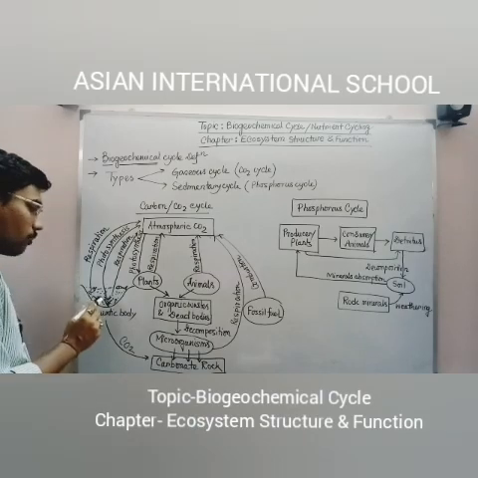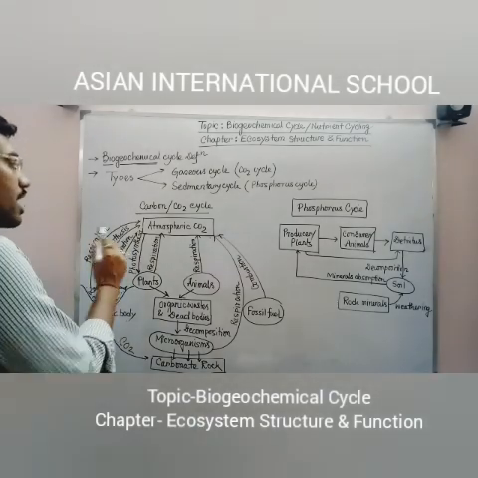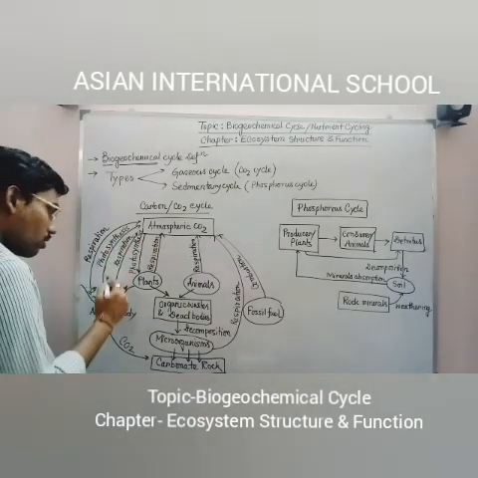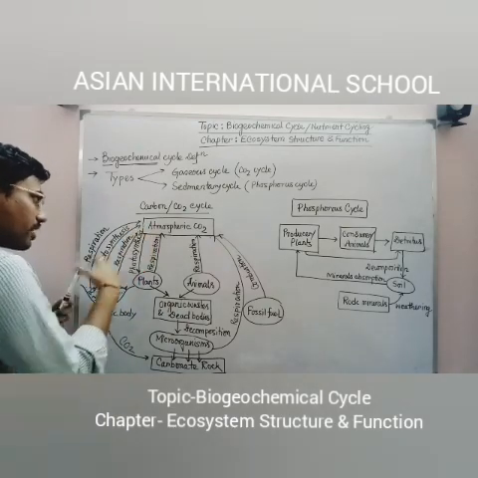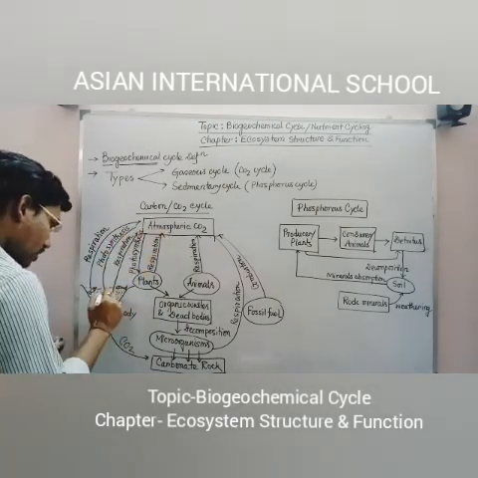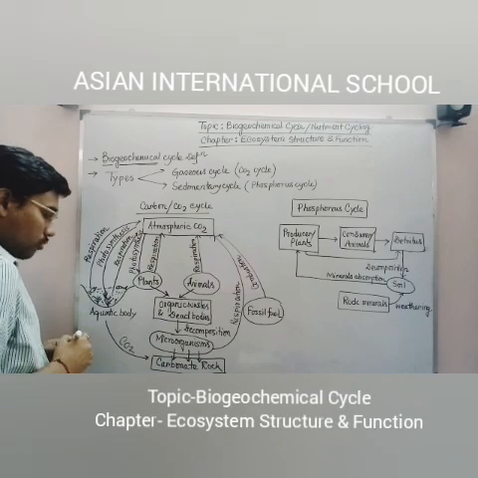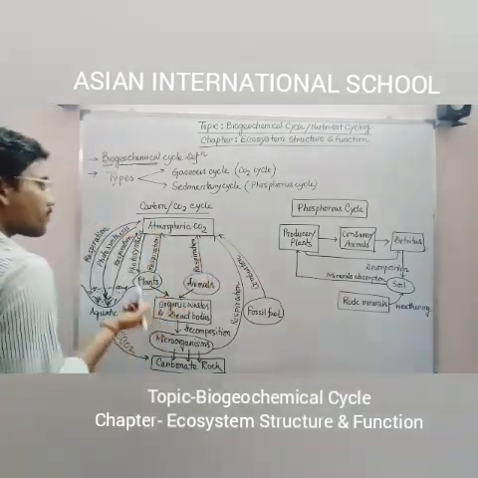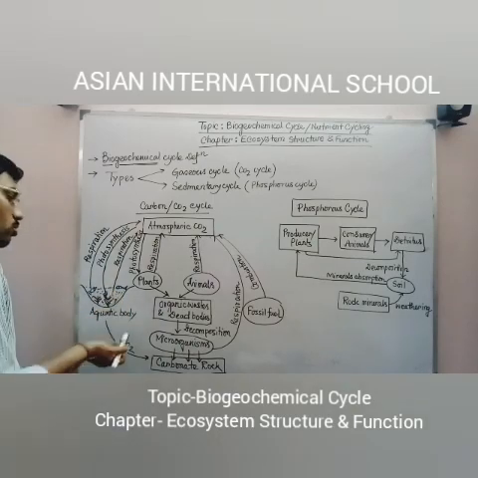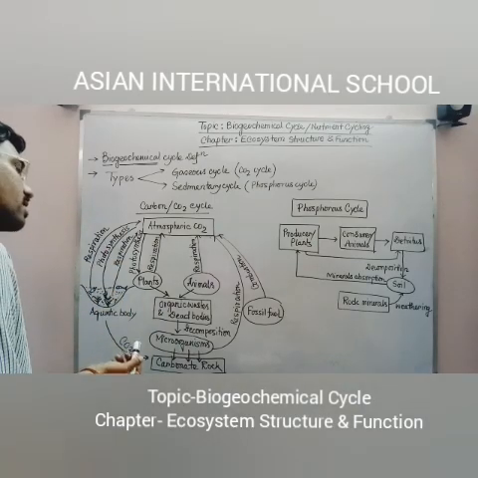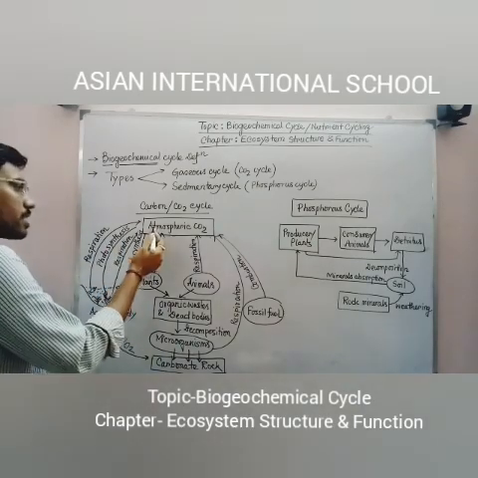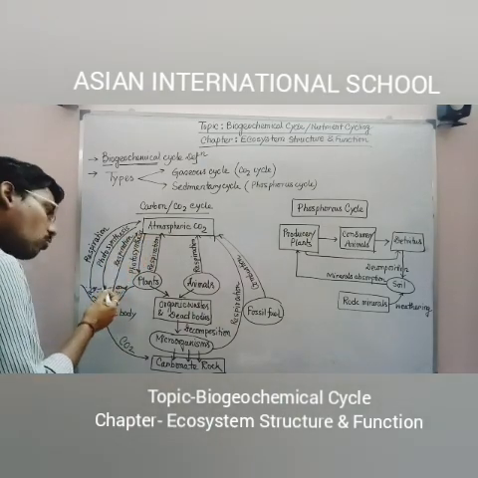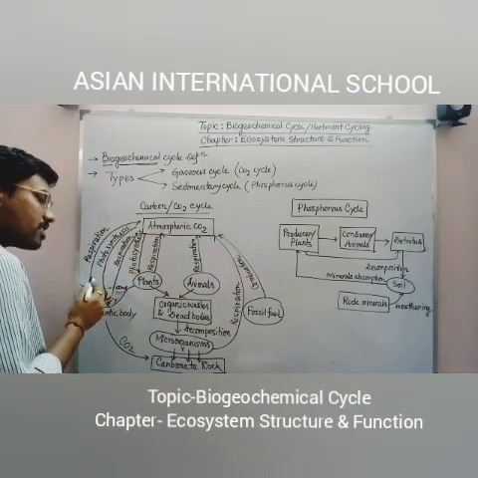Next, from those small plants, again 2 arrows we have to draw. One arrow will be coming from the atmospheric CO2 to the aquatic plants. Another arrow from the aquatic plant to atmospheric CO2. Why? Because aquatic plants are also performing photosynthesis. So for that reason, the atmospheric CO2 remains dissolved in the water in the form of dissolved CO2.